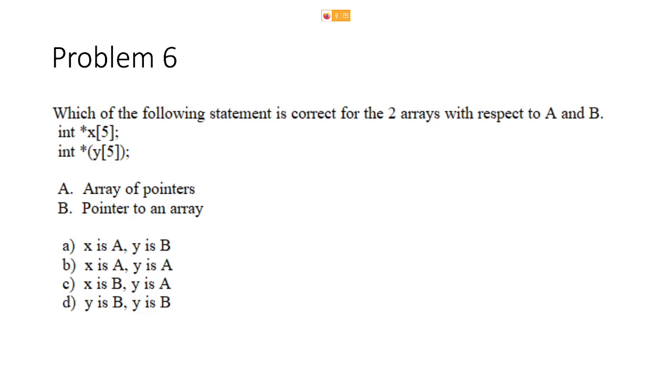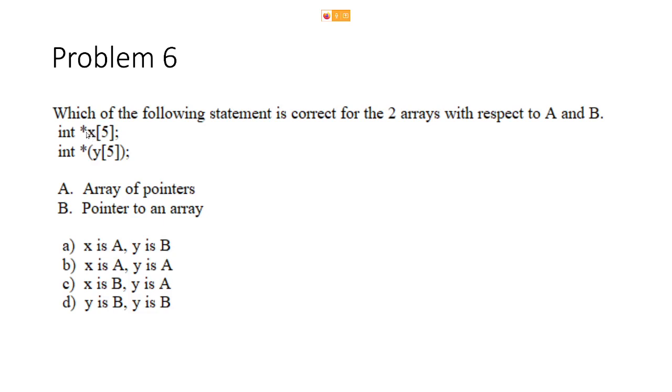Okay, so the correct answer is option B. Both of these declarations are array of pointers. They're not pointer to an array, they are array of pointers. So X, how do you read this?